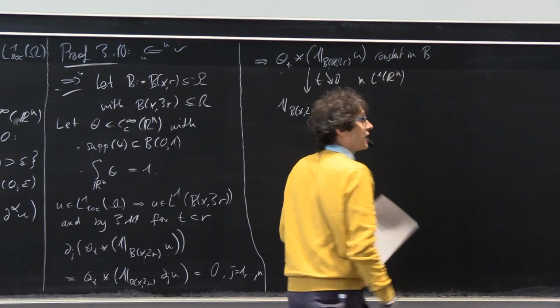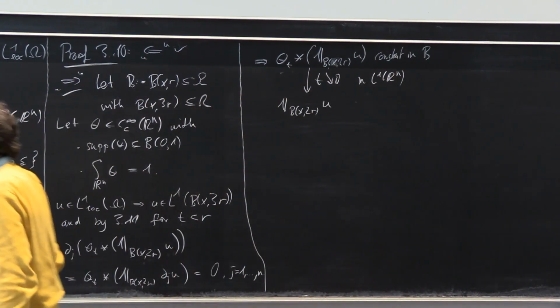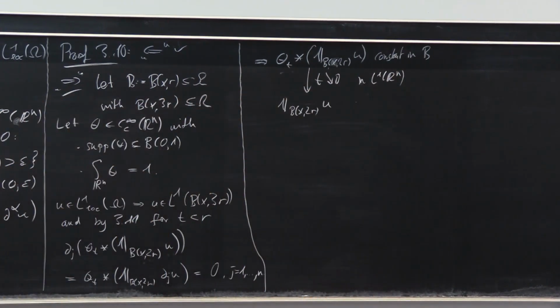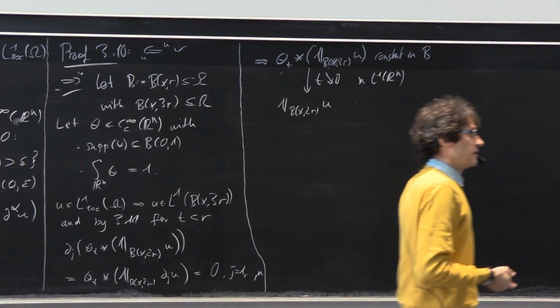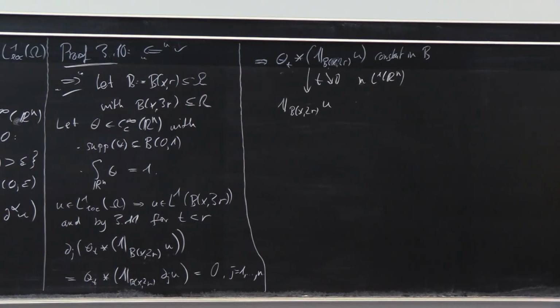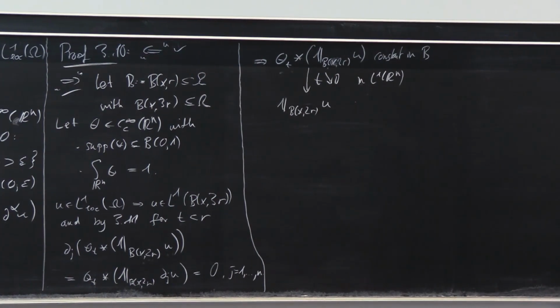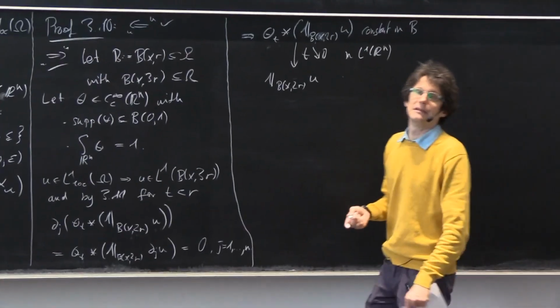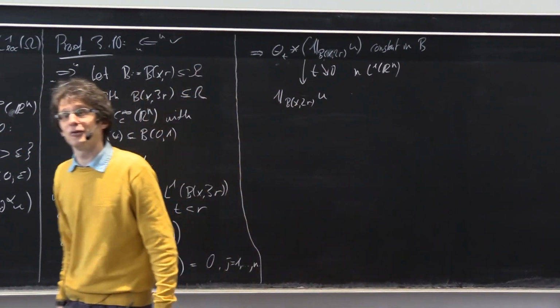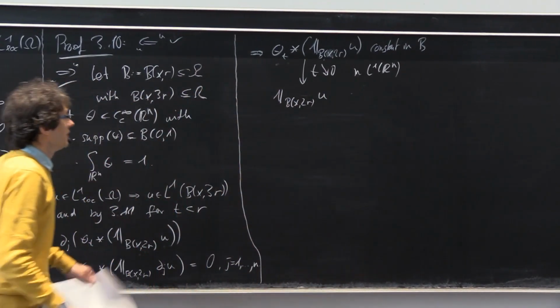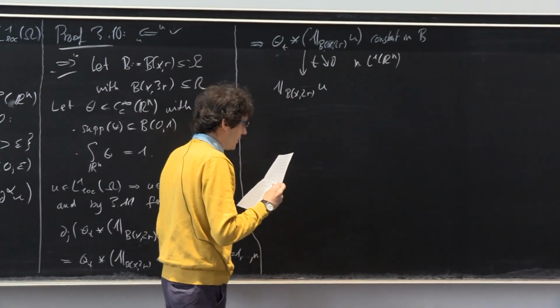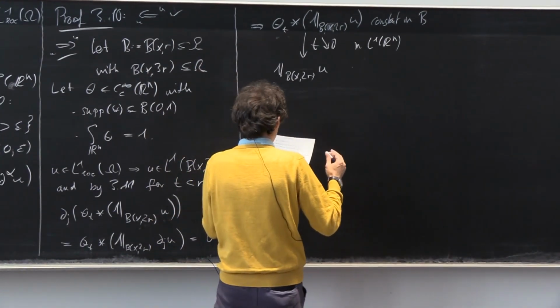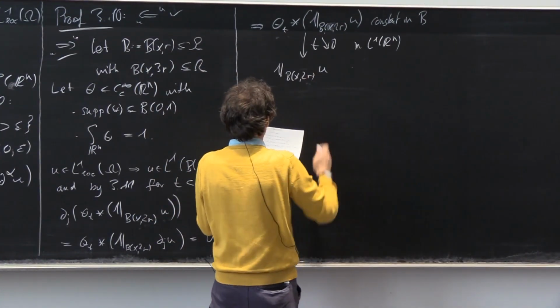Now, you have a convergence in L1, so take an almost everywhere convergent subsequence. So then you have a sequence of constant functions that converge to something, so there's not much choice for the limit. Constant functions can only converge to constant functions. So what you know is that this function is constant.